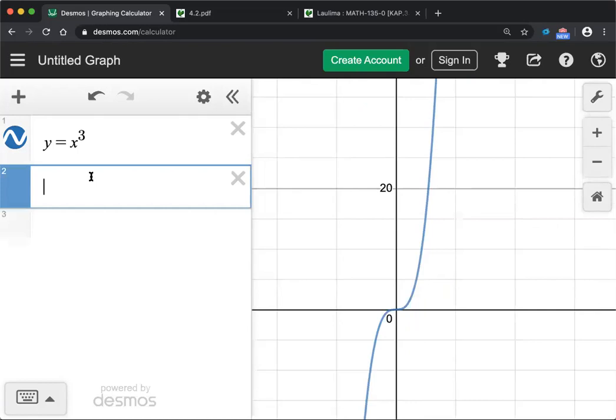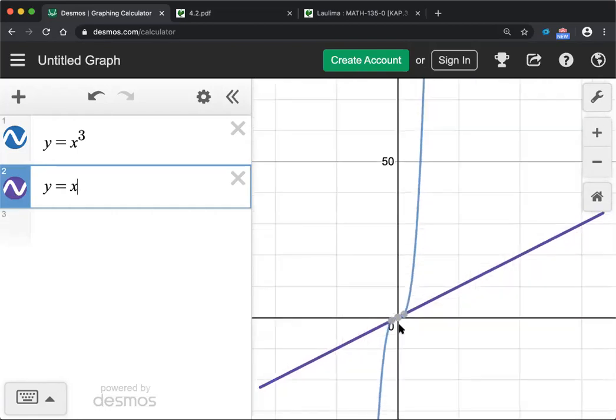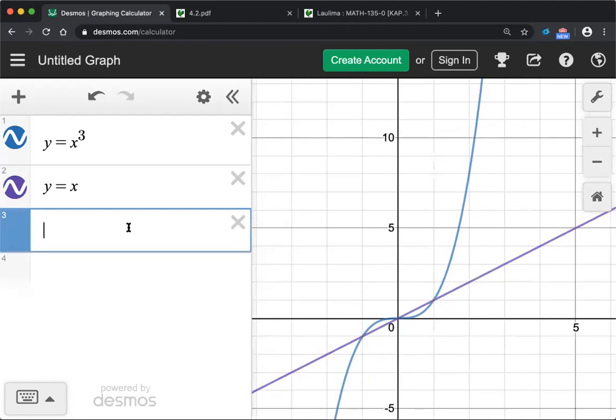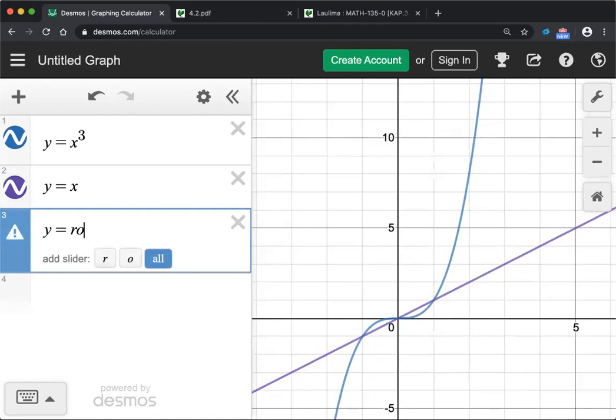And remember, if we have any kind of inverse function, then it will be reflected over this line, y is equal to x. So the inverse of y equals x cubed, remember, is y is equal to the cube root of x. Shucks, I don't know how to do this root actually.